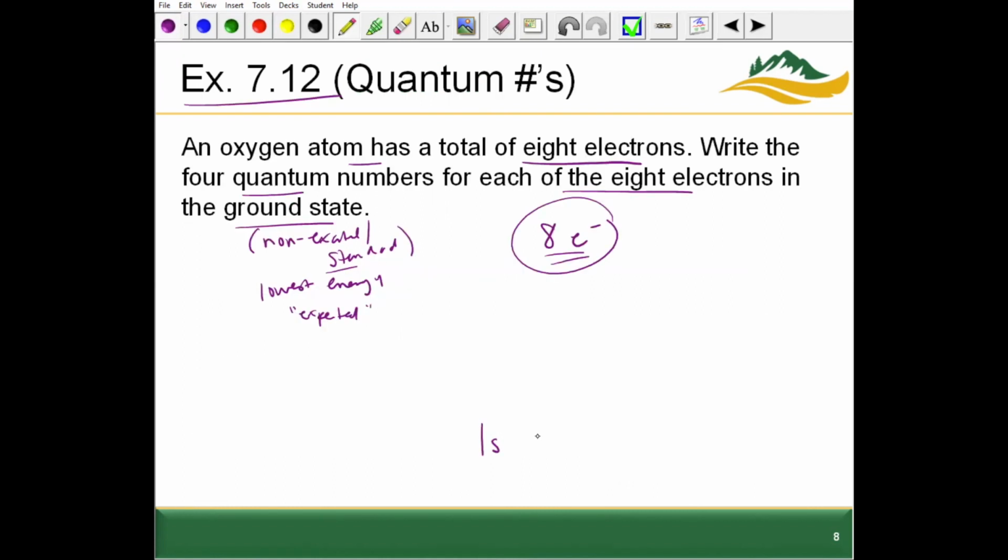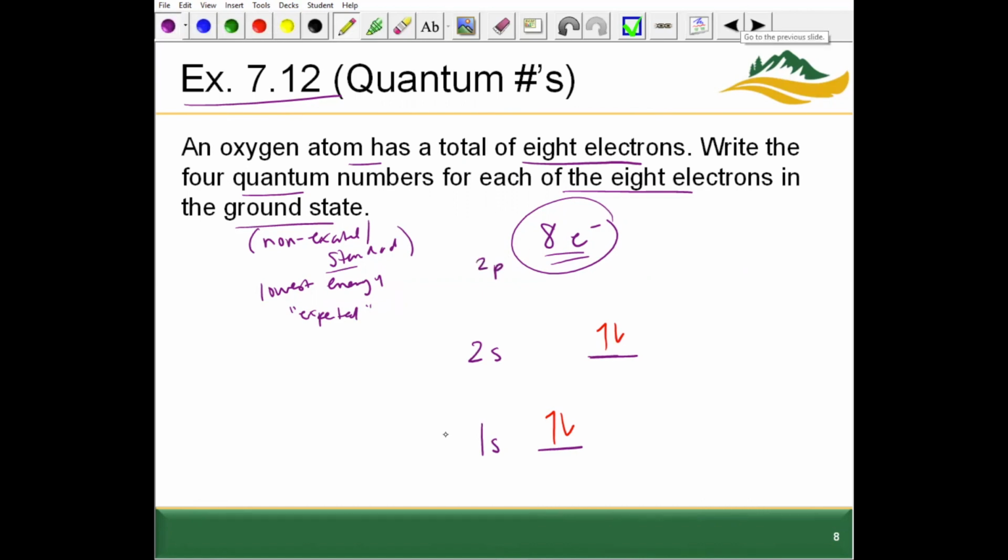Let's figure out where these electrons will exist. We know we need to fill the 1s first. That's going to cover 2 electrons, so 1, 2. Next is going to be our 2s. That can also hold 2 electrons. Notice we pair these before moving up to the next energy level.